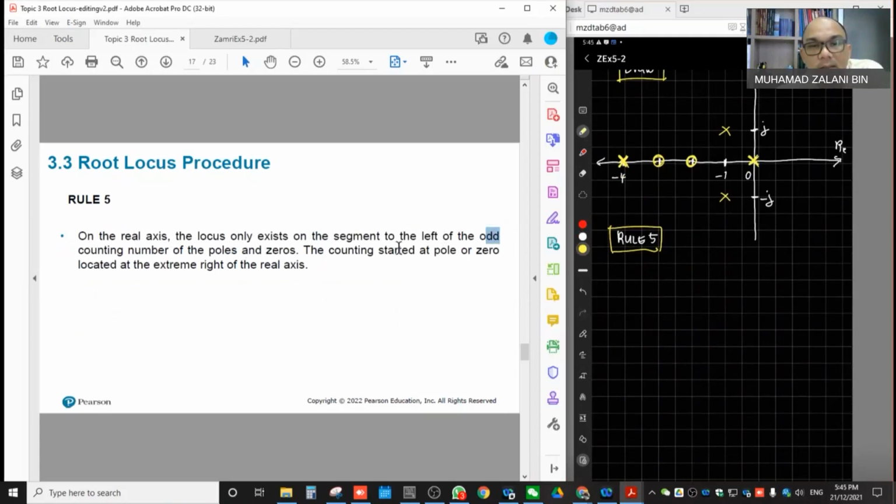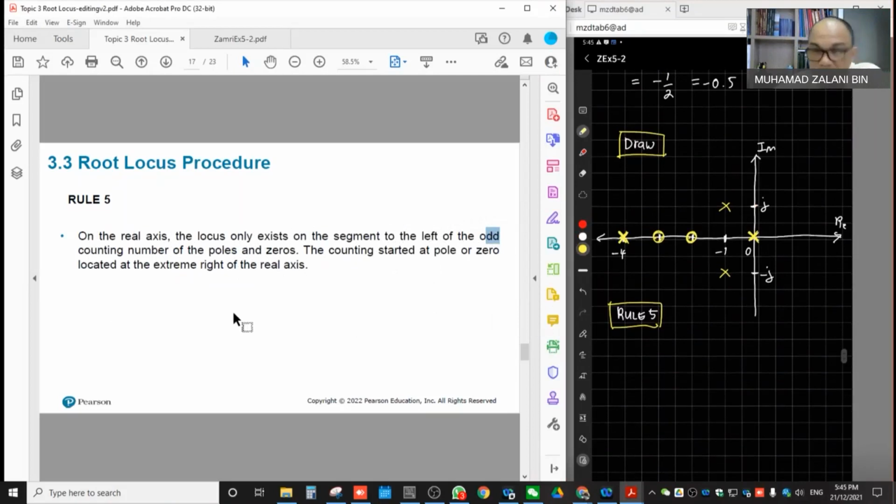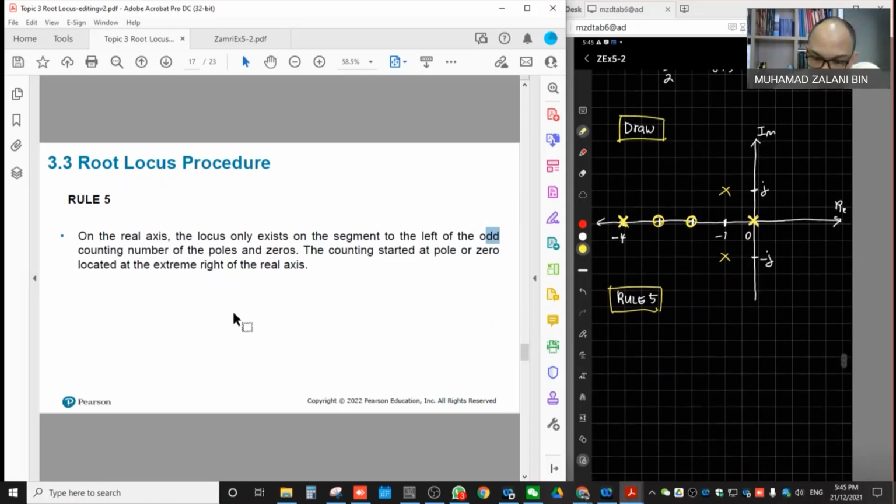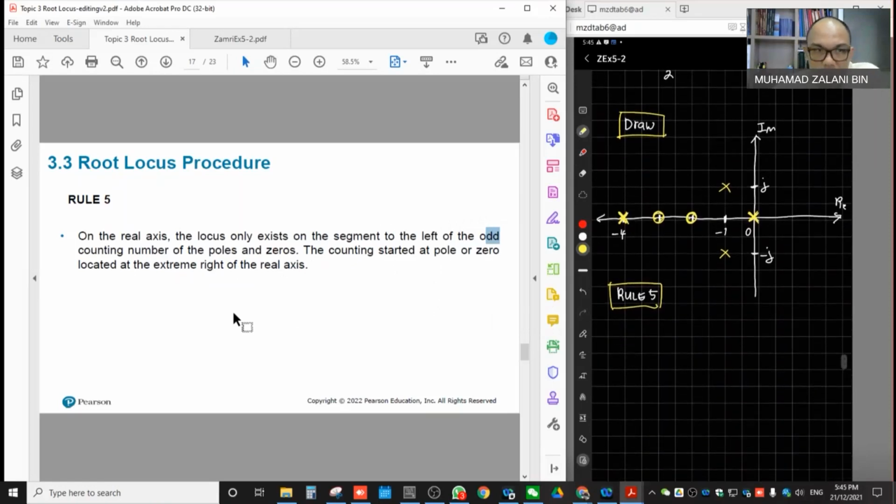The counting starts at the pole or zero located at the extreme right of the real axis. I've shown you this also in the lecture. You can watch the lecture video on our discussion on the root locus procedure. But basically, for this case, let us examine where the locus is on the real axis.